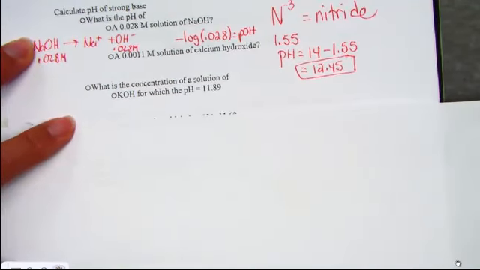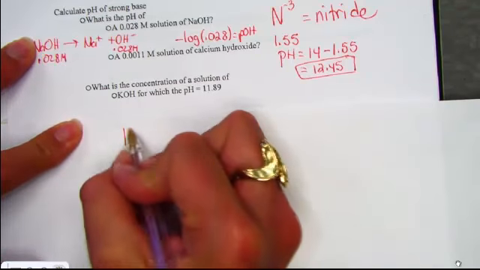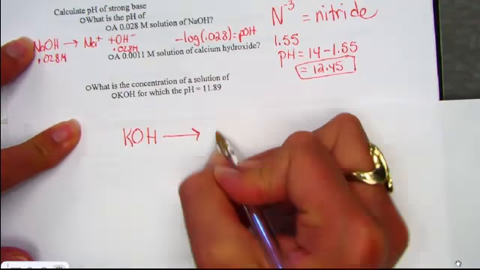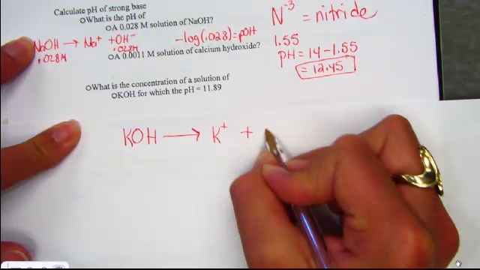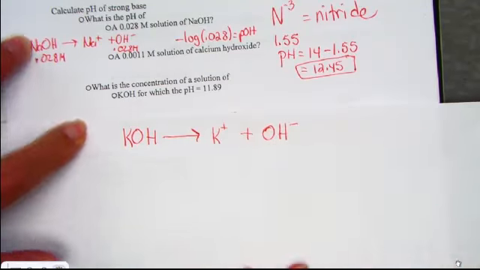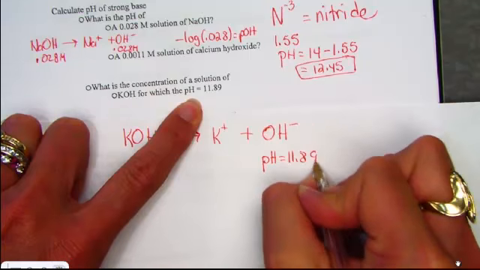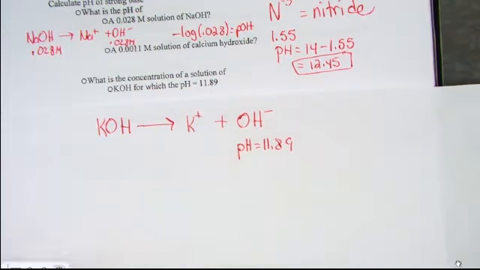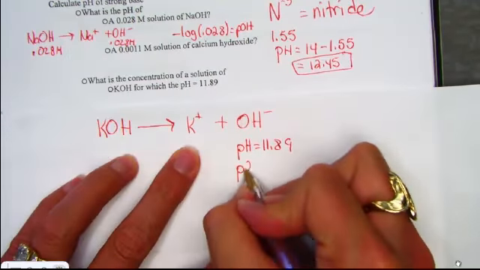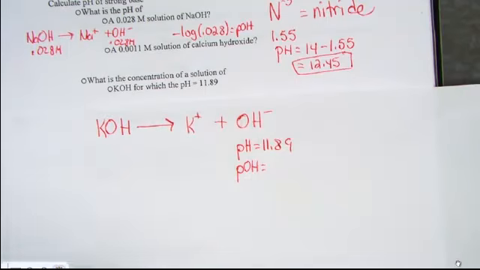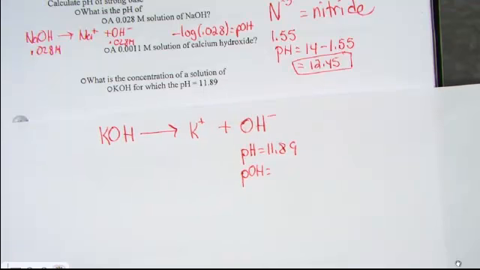Thank you. So thinking through our dissociation, this is a strong base, so 100% dissociates. The pH is given as 11.89, but probably more interesting than that would be something called pOH, because then I can figure out the hydroxide from that. Allie, let's do a 14 minus trick and share with me the pOH of our solution.